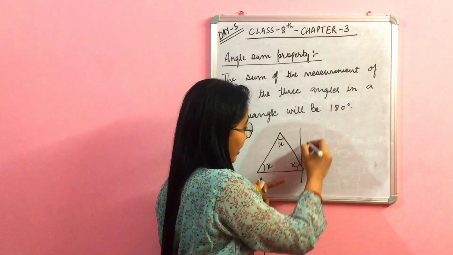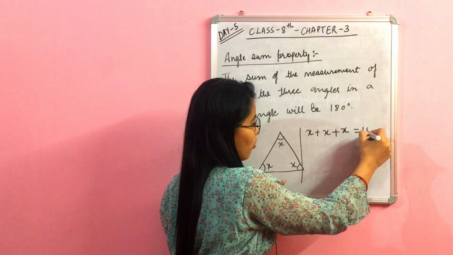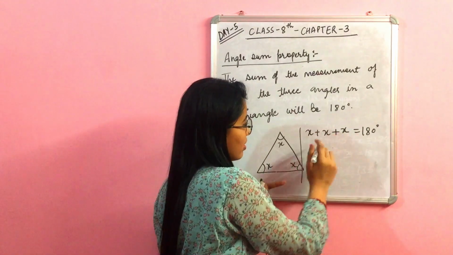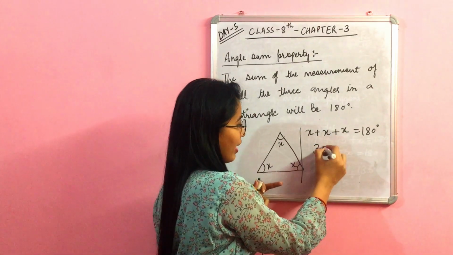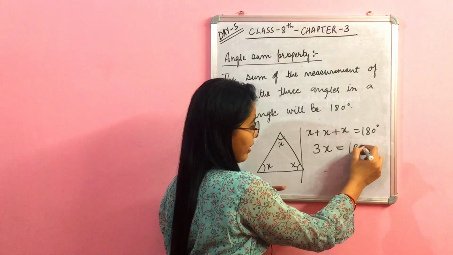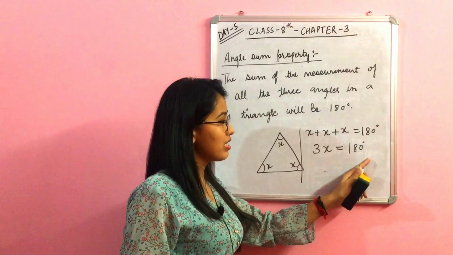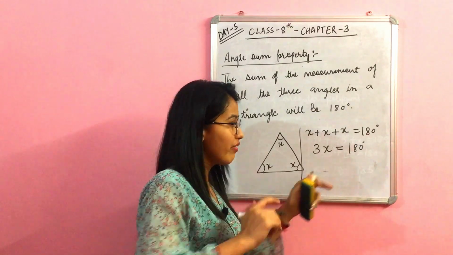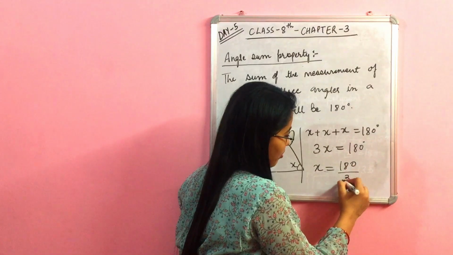So I can write x plus x plus x is equal to 180 degrees. This is 3x is equal to 180 degrees. This 3 is in multiplication here, so after transposition it will go in division. So x is equal to 180 divided by 3.